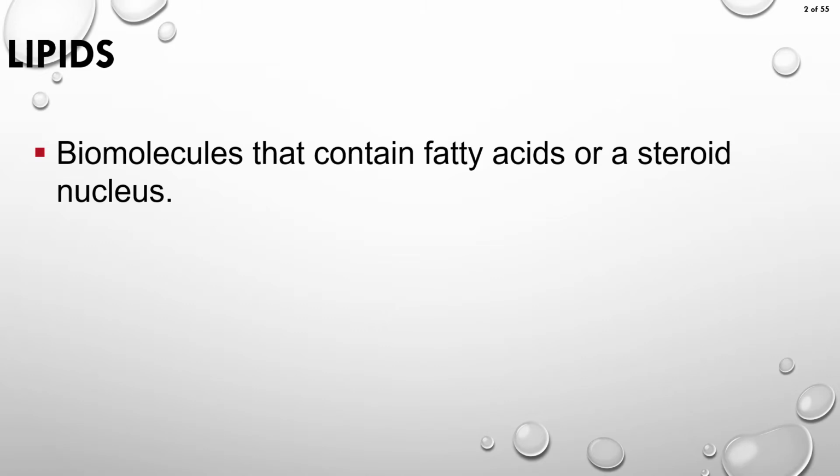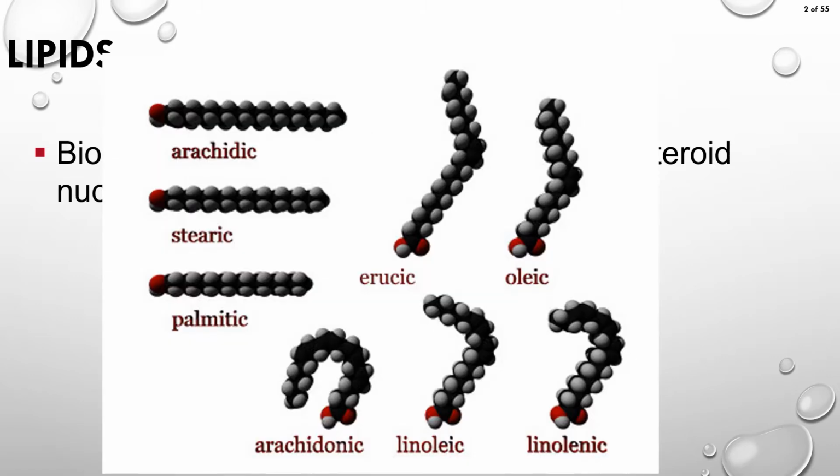Okay, so what are lipids? How do we define lipids? A lipid is defined as a biomolecule that contains fatty acid or a steroid nucleus. These are examples of fatty acids: arachidic, stearic, palmitic. These are straight chain fatty acids, so you can see that they are straight.